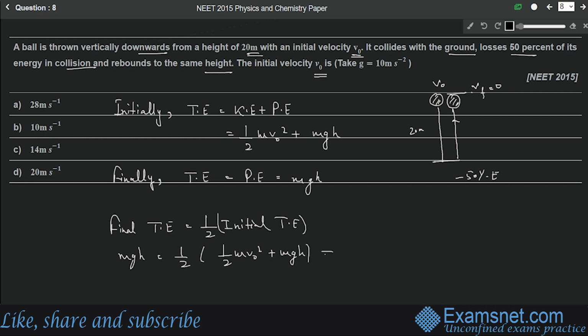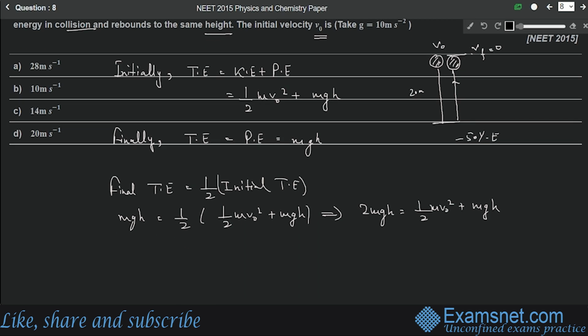Okay, so 2mgh is equal to half mv0 square plus mgh. Okay, if we take this mgh this side, then 2mgh minus mgh means mgh. So mgh will be equal to half mv0 square.